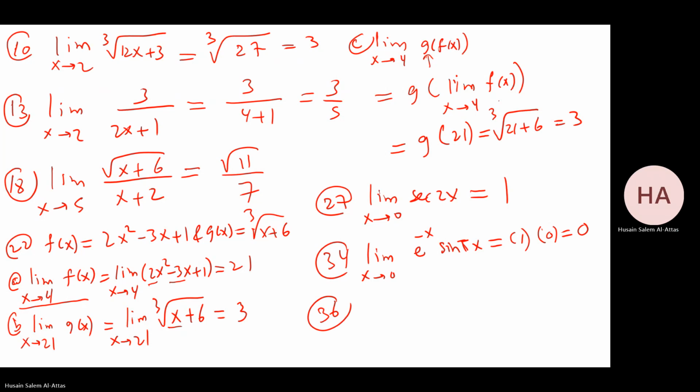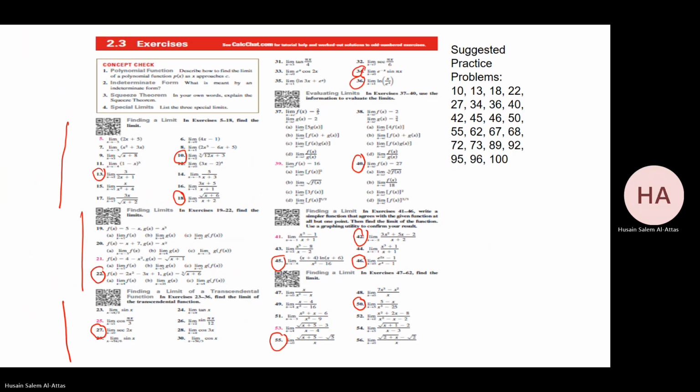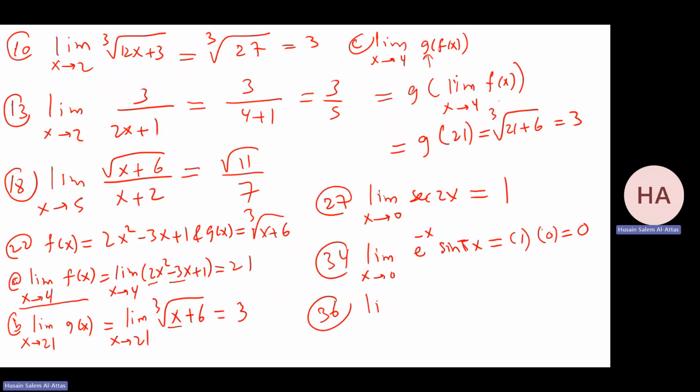36. Limit as x goes to 1 of x over e to the power x. Substitute and get 1 over e. There is a ln missing: ln of x over e to the power x.